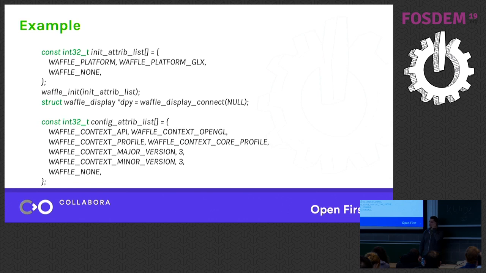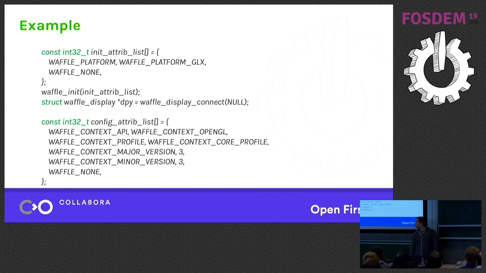If, for example, you know a specific display, you can give the name of that display, and it will try to connect to that. Then you will have a bit of attributes. In here I've chosen a core OpenGL profile, and a minimum version of 3.3. But on top of that, you can provide other details, such as I would like to have an RGB 888 or a different format.